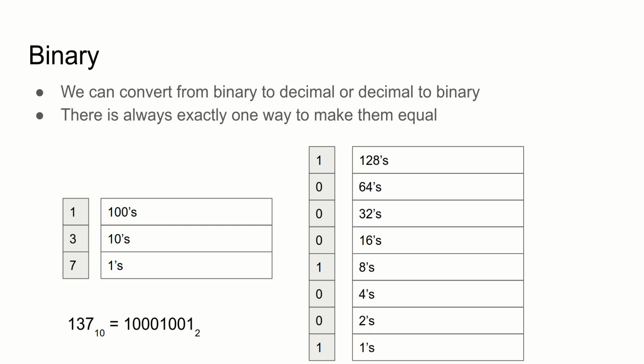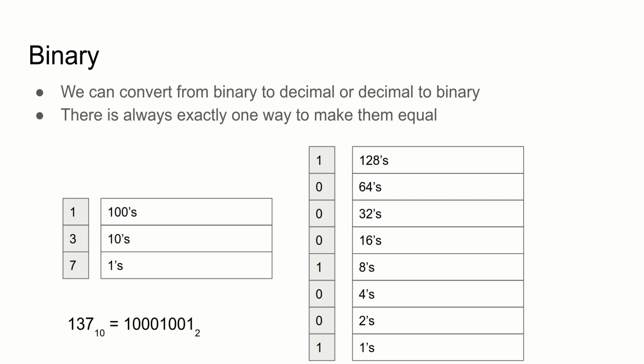And I want to reiterate something that I kind of glanced over just a moment ago, and that is that we can count with binary numbers the same way that we count with decimal numbers in terms of structure. In decimal numbers, we can start at 0, go to 1, 2, 3, 4, 5, 6, 7, 8, 9.